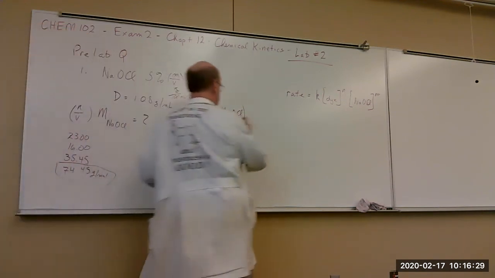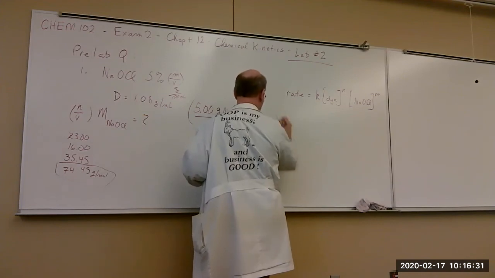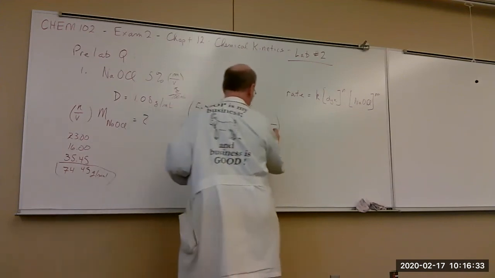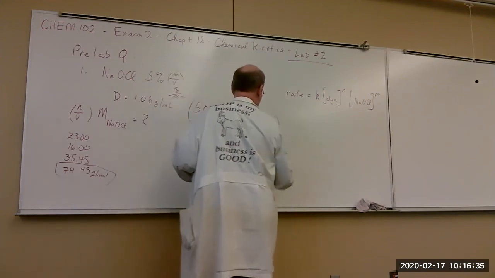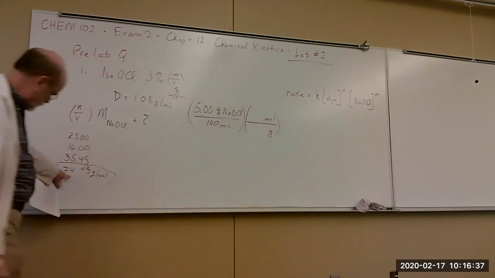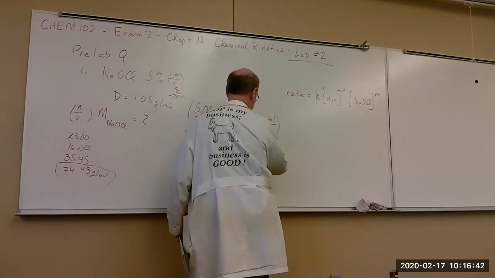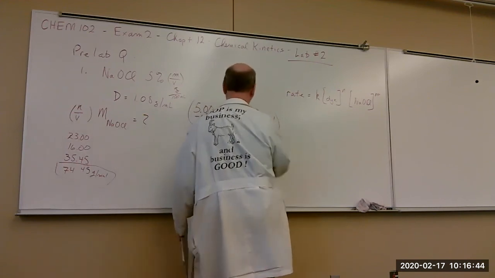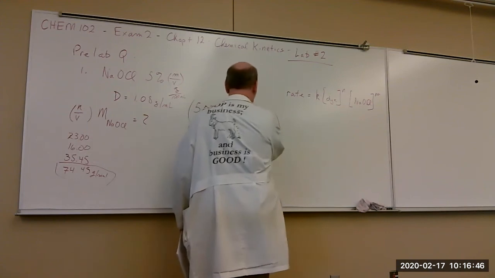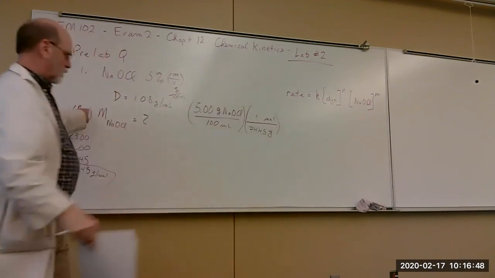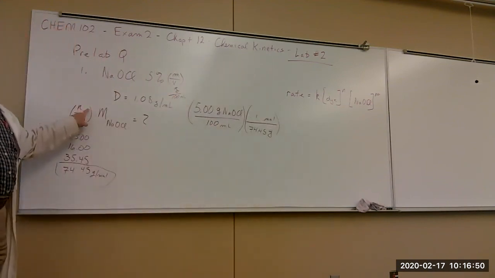Remember? So the grams, we need moles. Right? So grams on the bottom, moles on the top. And now we use this number, 74.45, like that. That gets rid of grams. Now we got moles. We're good. Moles of sodium hypochlorite.